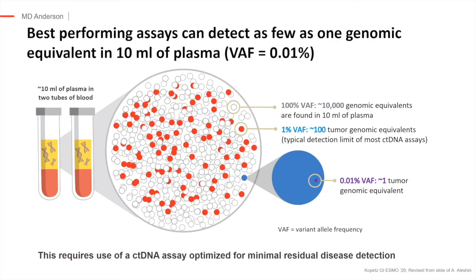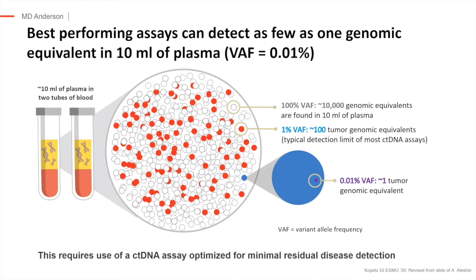There are two different flavors of these tests: MRD circulating tumor DNA tests versus molecular profiling. You'll see things like Foundation One and Guardant360 that are designed for molecular profiling, but are not the ones we'll be talking about today, which are designed for minimal residual disease.